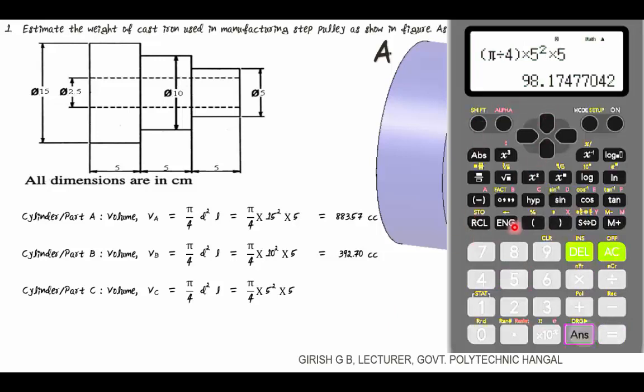Let's store this value to C. We obtained the result as 98.17 cc. There might be some errors since here we have taken values up to 2 decimal points, but in the calculator we are saving the entire values, hence there might be some error in the results.